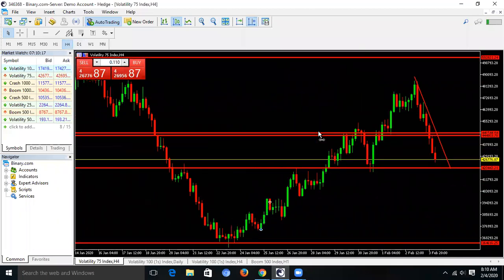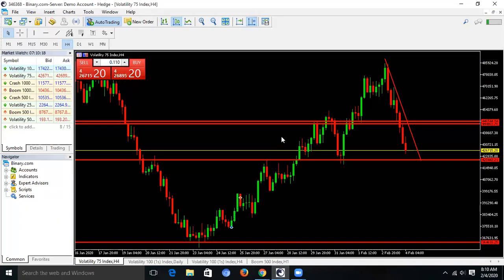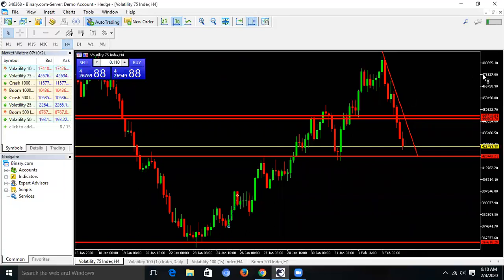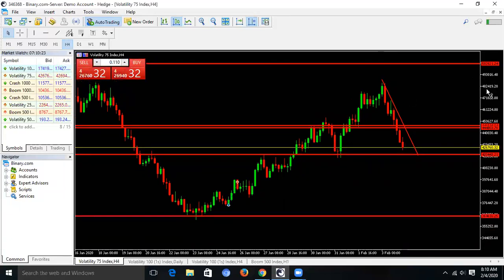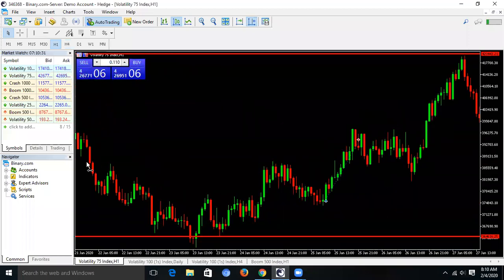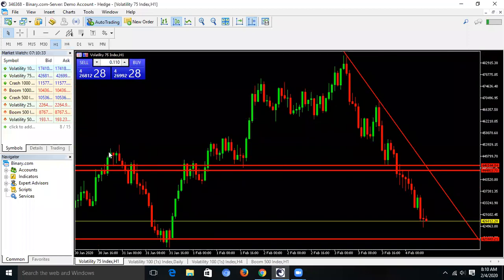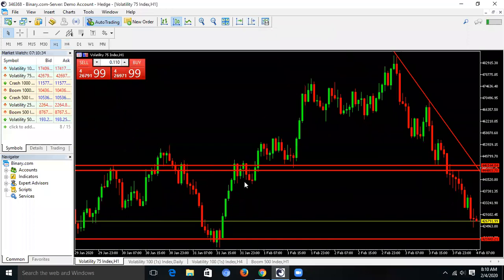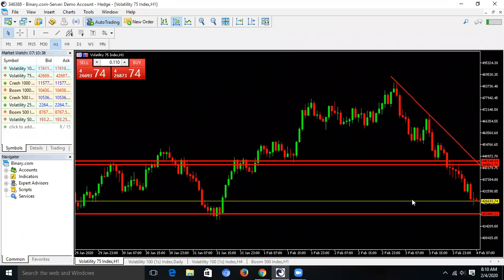I've used the 4 hours to identify this turning point, right? And the 4 hour has shown me that the market is down, it's collapsing. Yes. Now I'll also look at the 1 hour time frame and confirm the same thing, that the market is actually collapsing. All right.